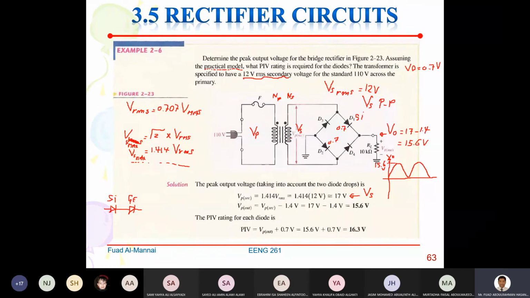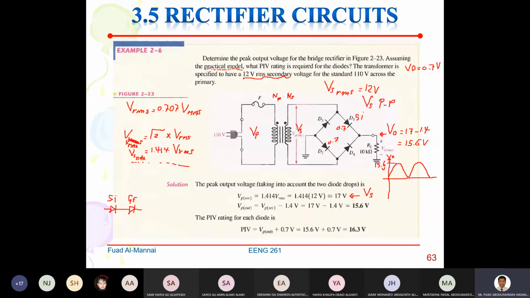All I will give you is that the input at the primary is 110 volt, but the output I will give you as an RMS value, which is equal to 12 volt. We don't want to deal with RMS. We want to deal with the peak value at the VS.